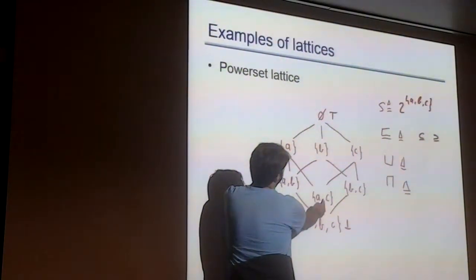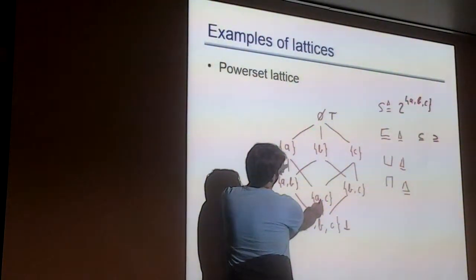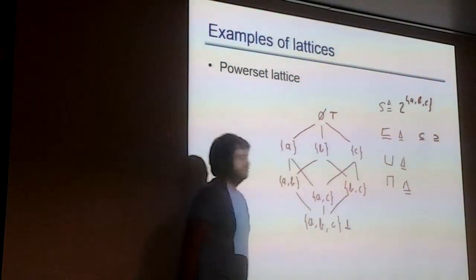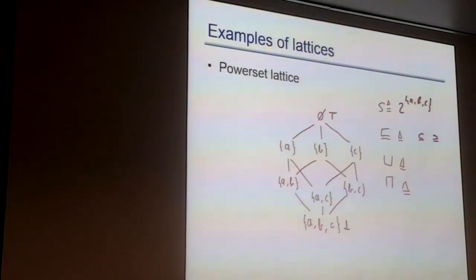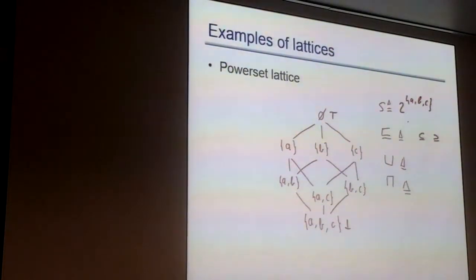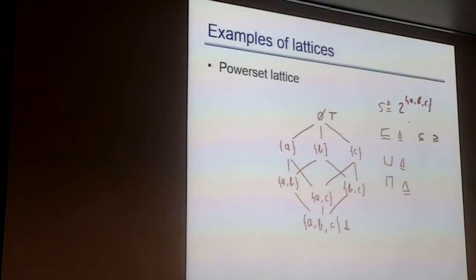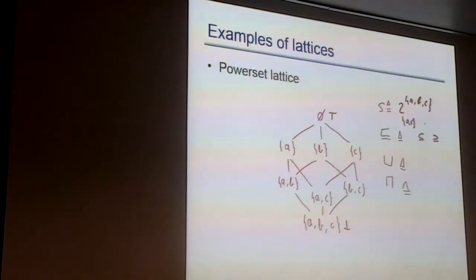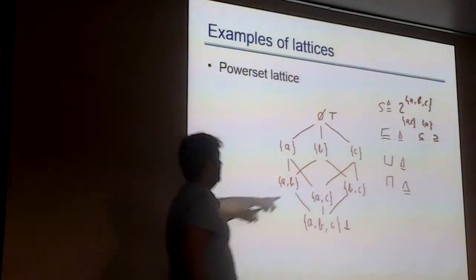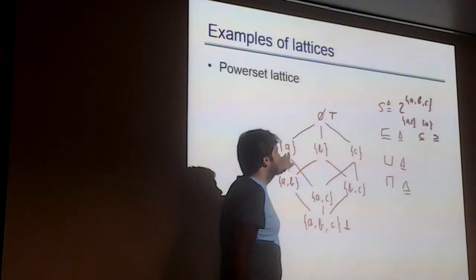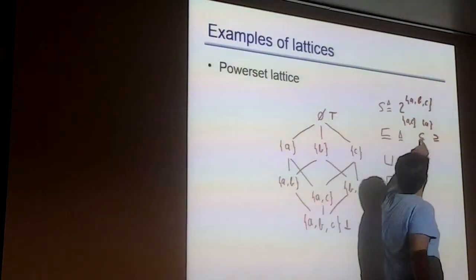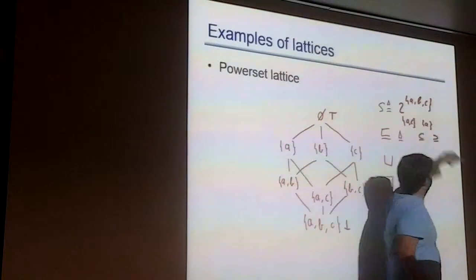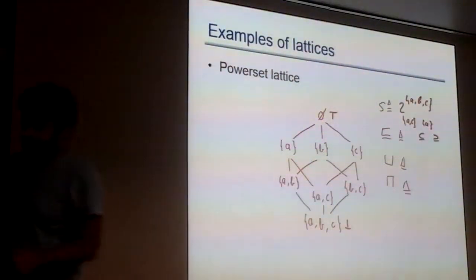So we want A comma C to be less than A. The way you can think about it is to draw it out literally.